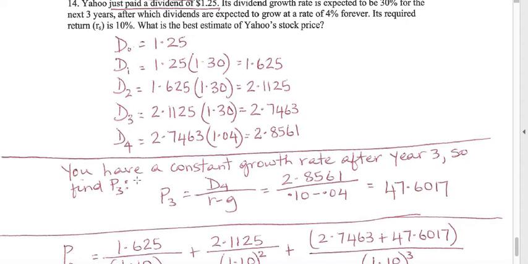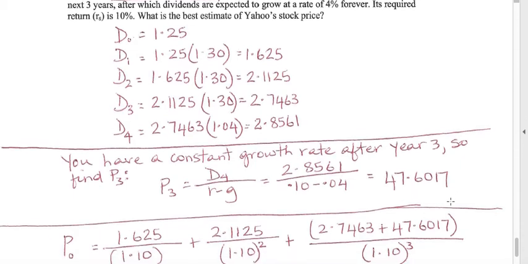So you need to find the price of the stock in year 3. And the price of the stock in year 3 is equal to your dividend in year 4 over R minus G. So that is equal to 2.8561 divided by 0.10 minus 0.04, your constant growth rate forever. And that is equal to 47.6017.